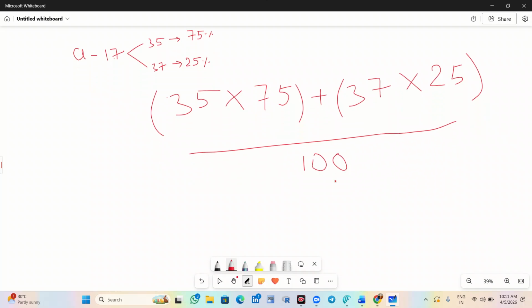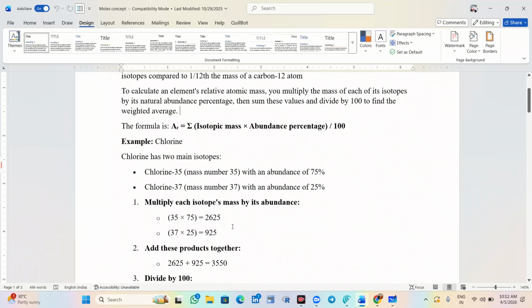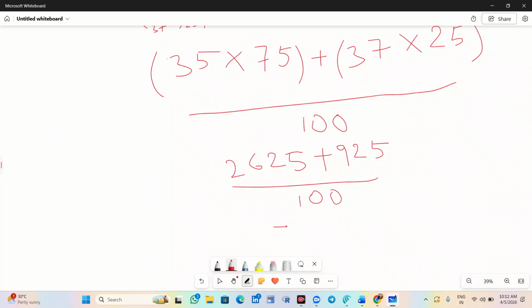Then you will get 2625 plus 925, over 100, which equals 3550 over 100, which is 35.50.